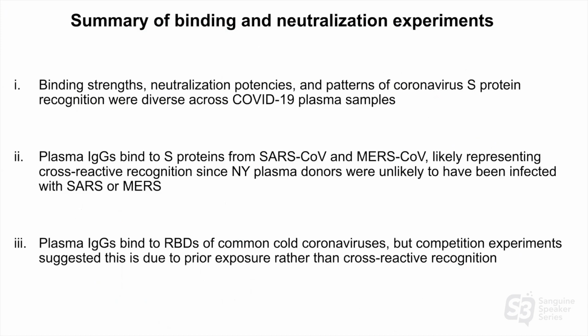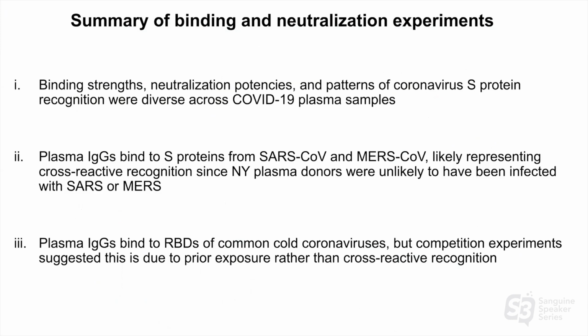Basically, the plasmas were just different. People's antibodies were different in terms of their binding strengths, their degree of neutralization, and their patterns of coronavirus S protein recognition.